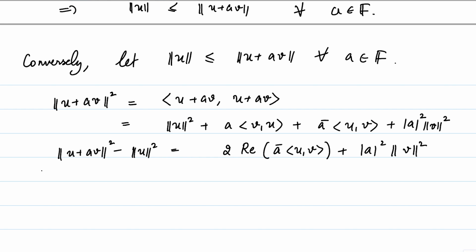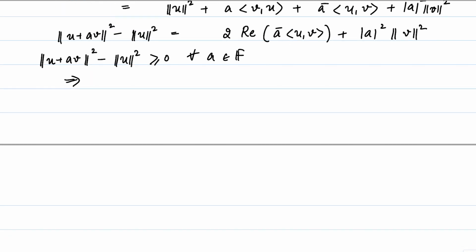We want the quantity on the left, the whole square minus this, to be greater than or equal to 0 for all a in F. This implies that the right hand side, 2 times the real part of a bar times the inner product of u comma v plus mod a squared times the length of v squared, is greater than or equal to 0.